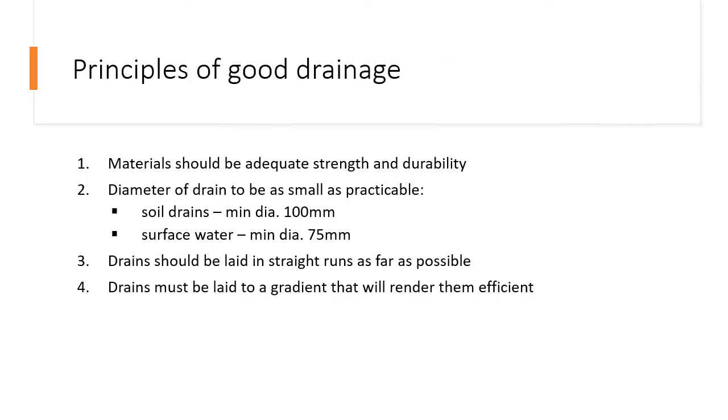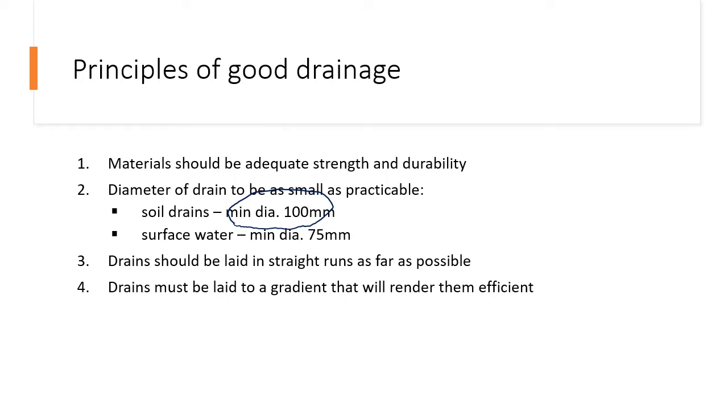The principles of good drainage include material should be adequate strength and durability. Diameter of drain should be as small as practicable. As in, for soil drain, the minimum diameter should not be less than 100 mm.